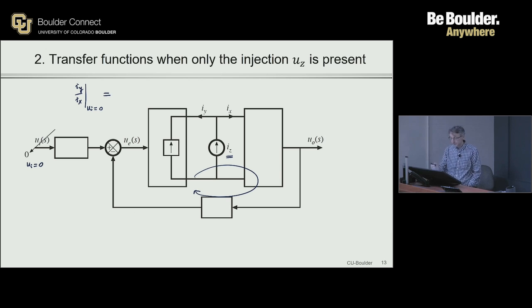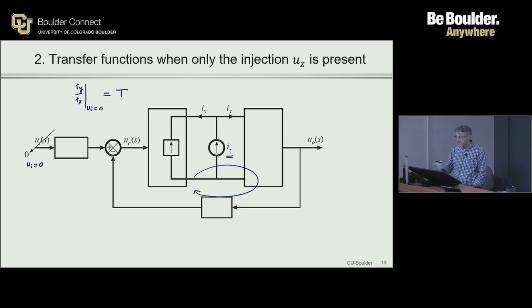That's the loop gain. That's T. That is by definition T. T is IY over IX under the condition that the input signal is set to 0. And this is exactly the way you've been computing loop gain in any number of examples in the introductory class.